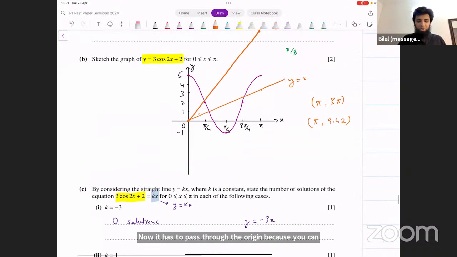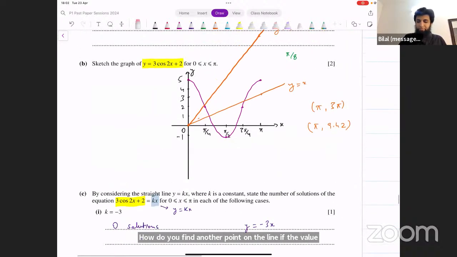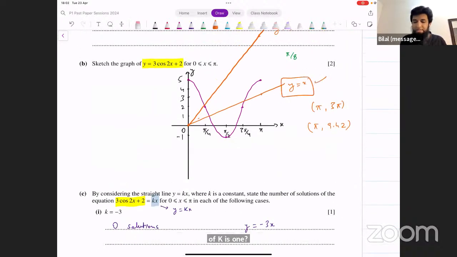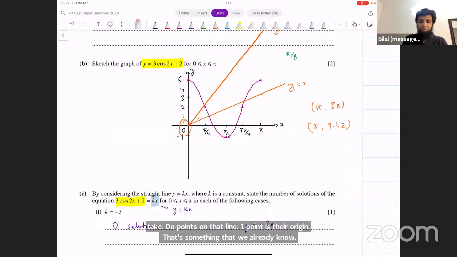How do you find another point on the line? If the value of k is 1, that means it's y equals x line. How do we draw these lines? How do we draw any straight line? We take 2 points on that line. 1 point is the origin. That's something that we already know. That's here.